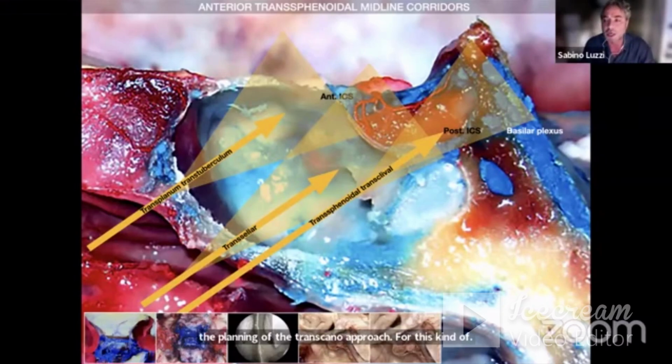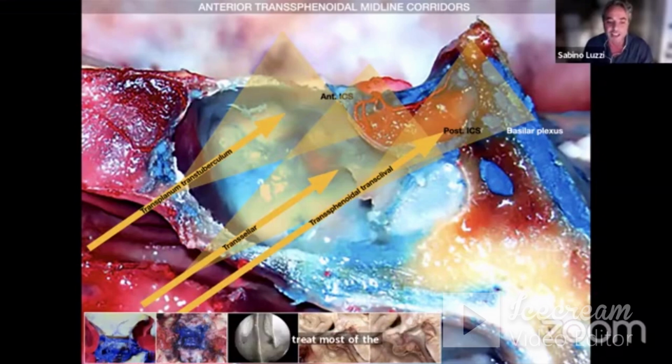One of the most beautiful and most used corridors today is the transsphenoidal corridor. Transsphenoidal corridor is a very huge concept. Why? Because transsphenoidal corridors altogether represent a huge chapter with which we can treat most of the midline skull base lesions.